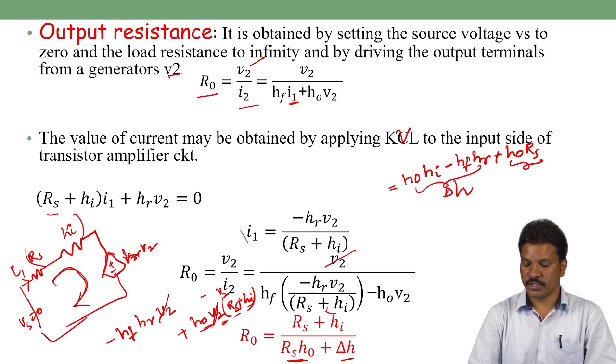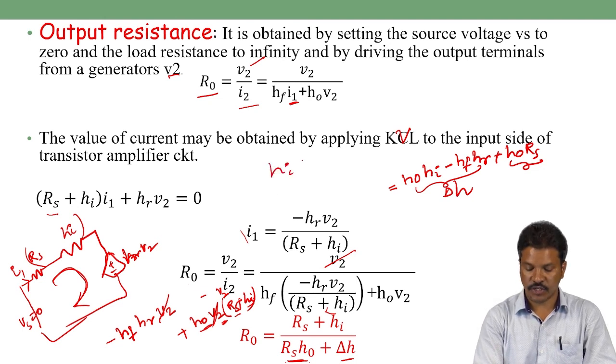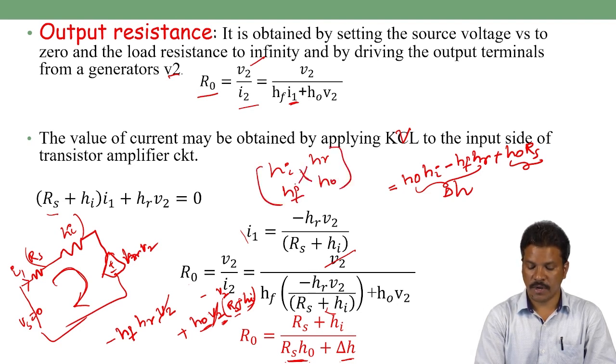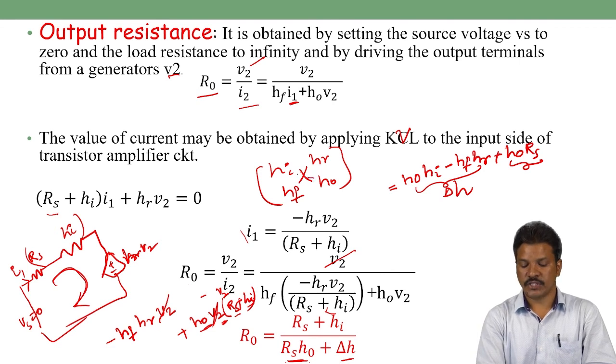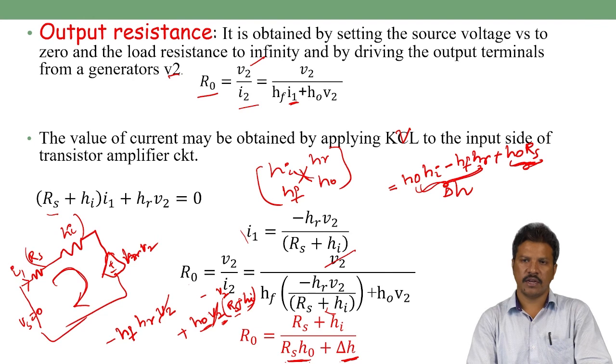In delta h we can consider h11, h12, hr, hf and ho in matrix form. So the determinant of this is hi ho minus hr hf. This can be represented as delta h. So we can consider Rs into ho plus delta h in the denominator.